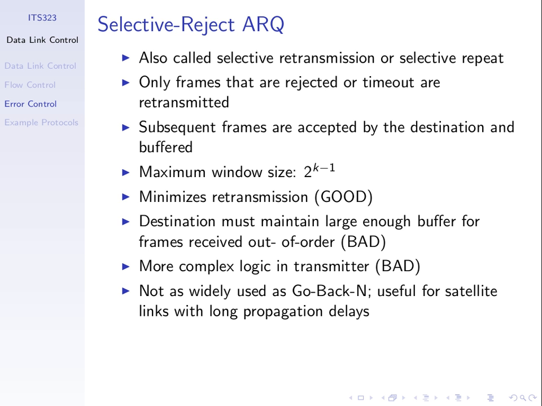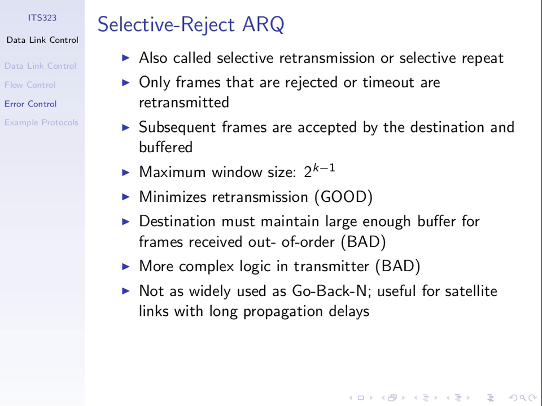We're not going to explain why they're different. In the textbook, there's a good example of if you have a larger window, what can go wrong. But we do not have time to go through that in this course. It needs a good hour or so to explain. So there are some differences in terms of the maximum window sizes.